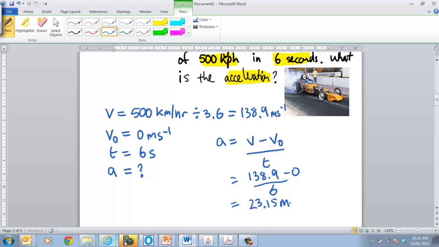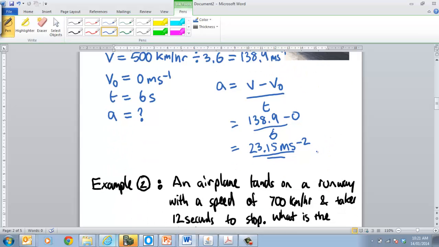And that's metres per second squared, isn't it? And so therefore that's acceleration. And then you'd probably give a direction, say which direction it's going in, but it hasn't in this particular case. But you get the idea of how to use that formula.